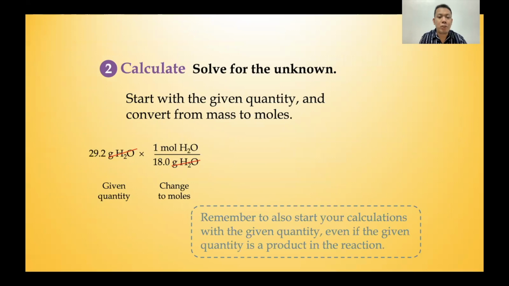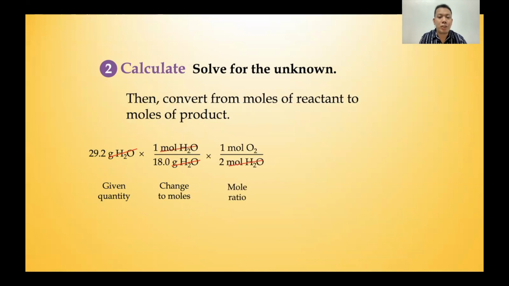So 29.2 grams times 1 mole of water over 18 grams of water. This is the molar mass, the gram per mole. So change it and then insert the mole ratio. For every 1 mole of oxygen, there are 2 mole of water.